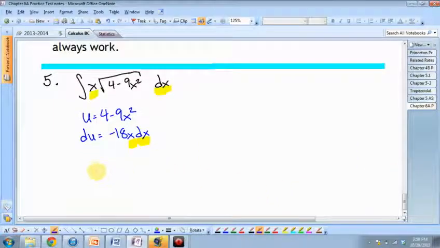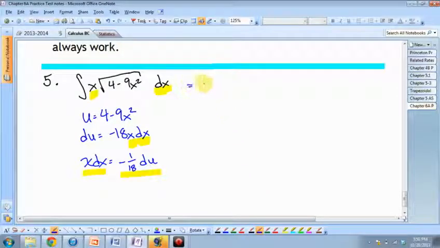Let's see. So x dx is equal to negative 1/18 of du. So we can get rid of all of that and replace it with negative 1/18 du.